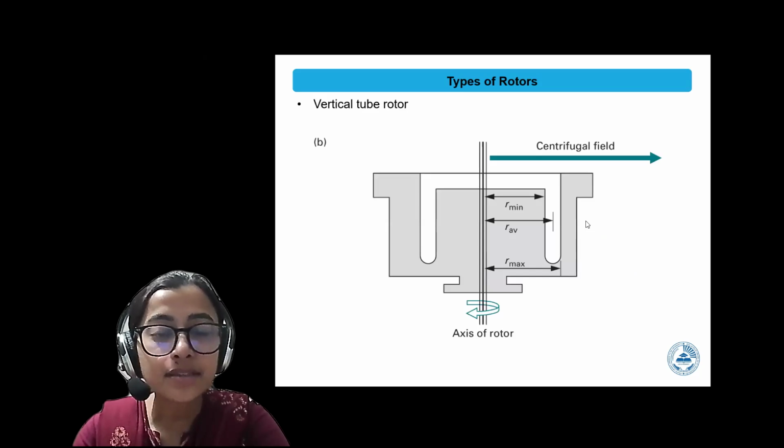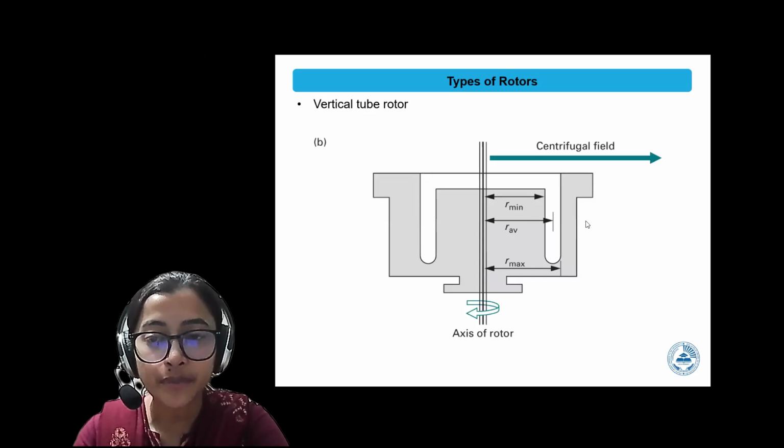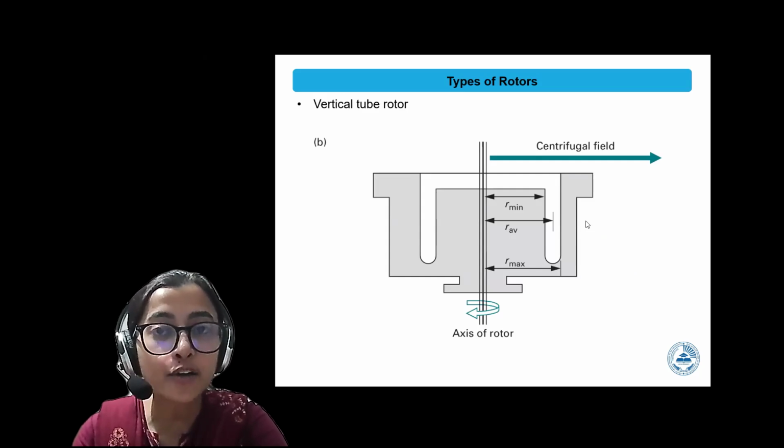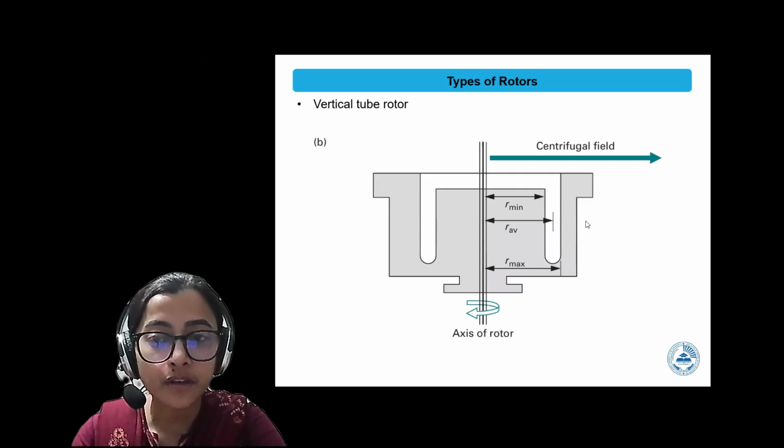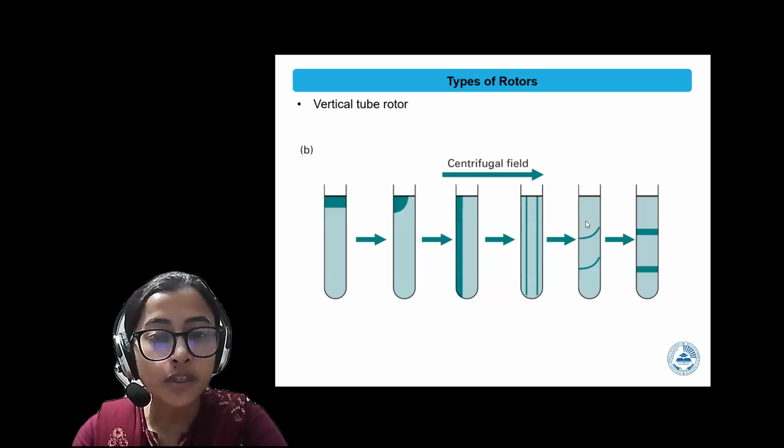The next type is the vertical tube rotor. In this rotor, the tubes are positioned parallel to the axis of rotation, meaning they remain vertical during centrifugation. This design is quite different from fixed angle rotors. Vertical tube rotors are mainly used for density gradient centrifugation.